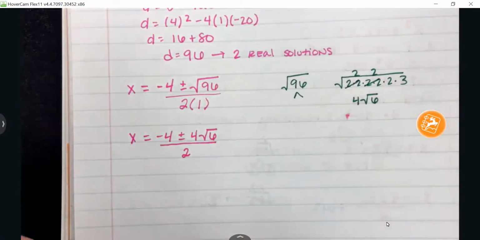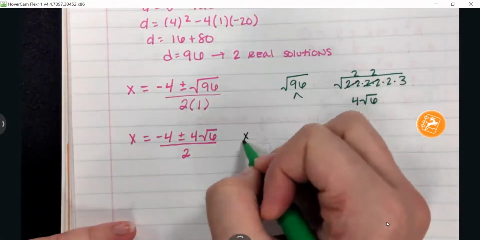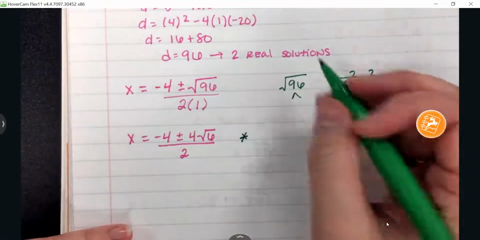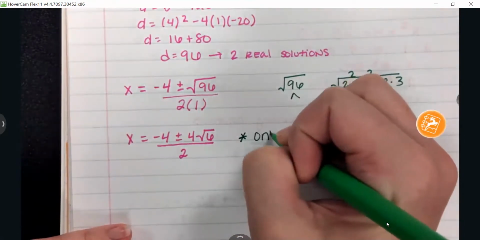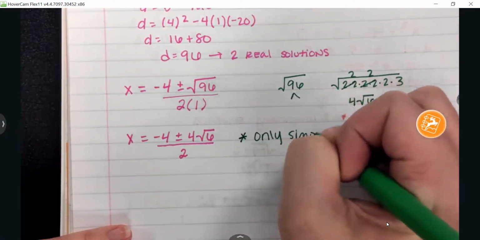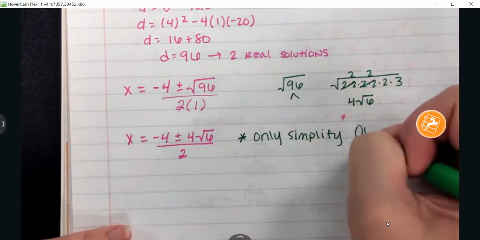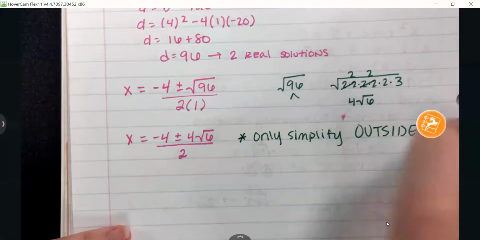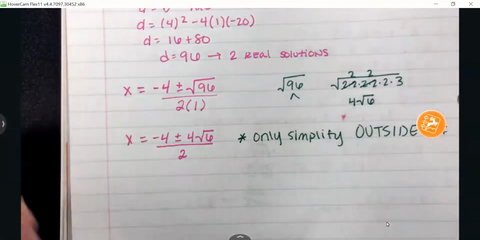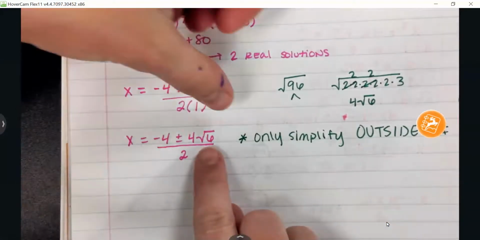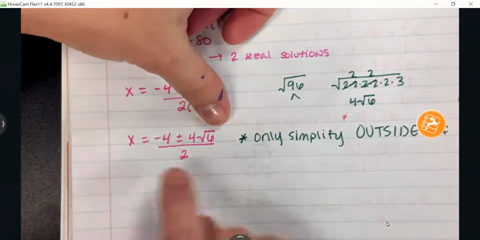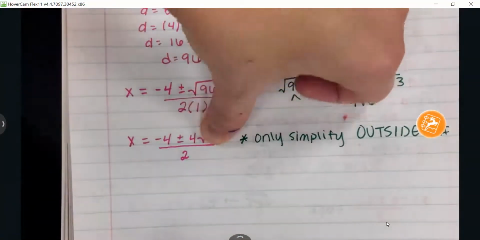And if you haven't listened, I'd listen right now. When you simplify, you can only simplify outside numbers. What do I mean by outside numbers? The numbers outside my radical. This radical cannot be simplified.